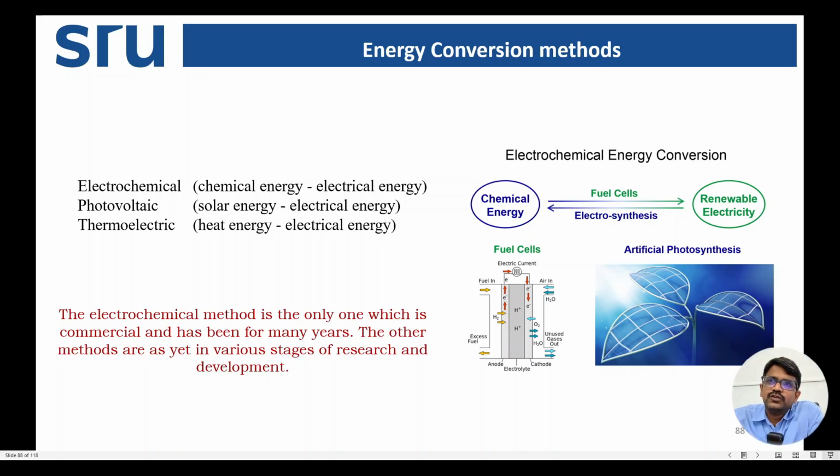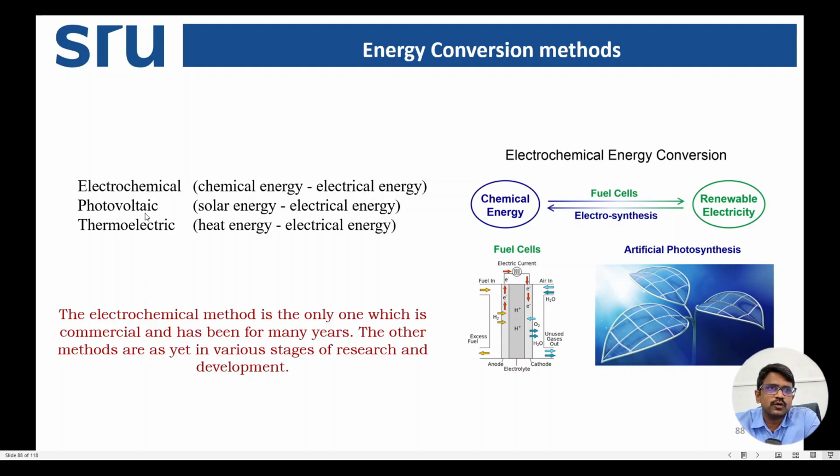So fuel cells are useful to convert chemical energy into renewable energy. Then electrosynthesis, renewable energy converted to chemical energy. So this is artificial photosynthesis. Here you can see the basic energy conversion methods. Electrochemical energy converts chemical energy into electrical energy.